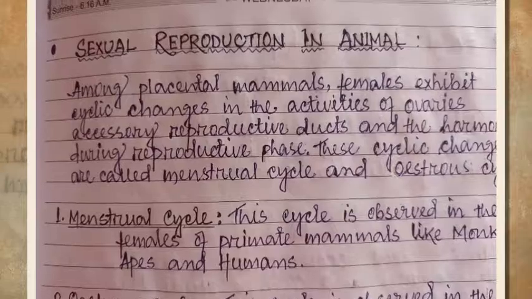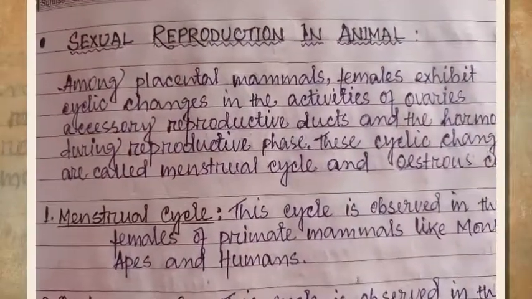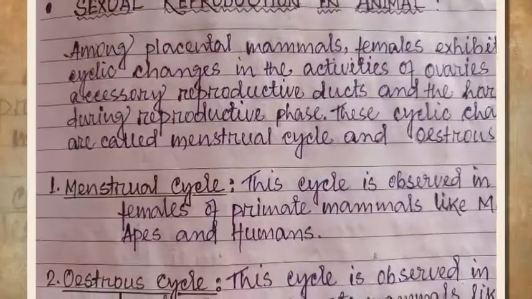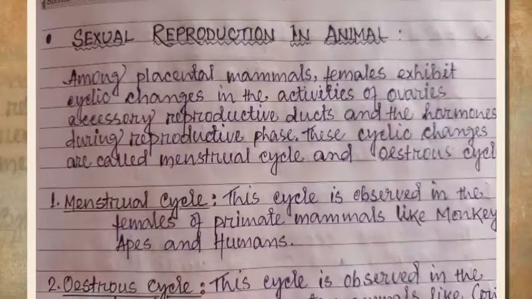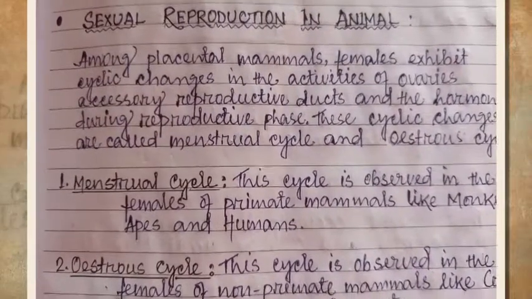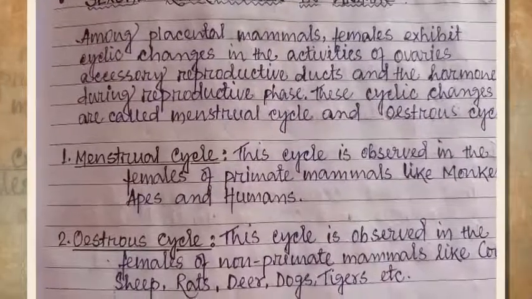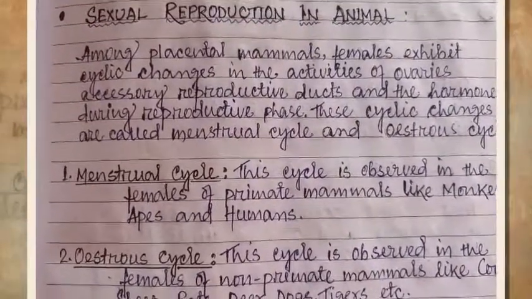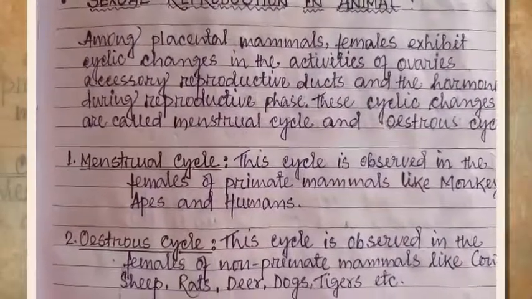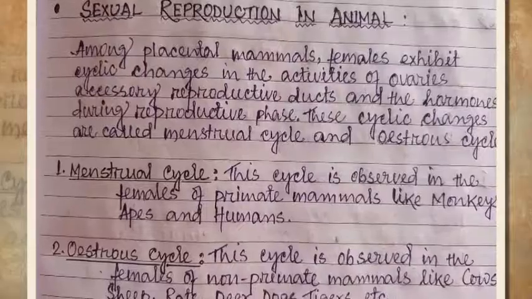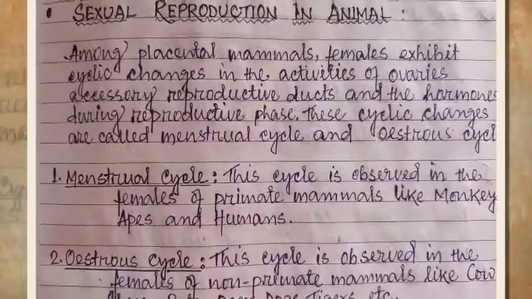And sexual reproduction in animals. Among the placental mammals, the females exhibit cyclic changes in the activities of ovaries, accessory reproductive ducts, and the hormones during the reproductive phase. These cyclic changes are called the menstrual cycle and the estrous cycle. We have a little bit of idea about the menstrual cycle as we have already covered the chapter of sexual reproduction in class 10.